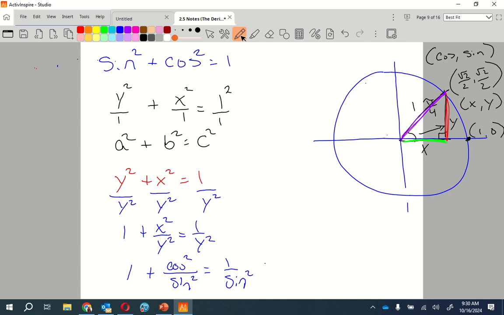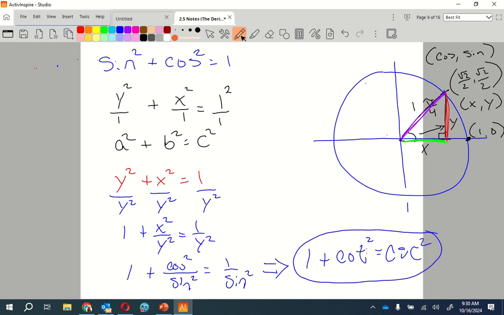Cotangent. 1 plus cotangent, because they're both squared, it's going to be cotangent squared, is equal to, what is 1 over sine? That's the reciprocal of sine, right? So that's going to turn into cosecant squared. So by translating this over to algebra, did I make a second one of my identities? Yeah.